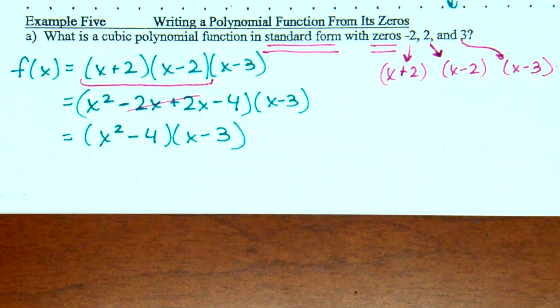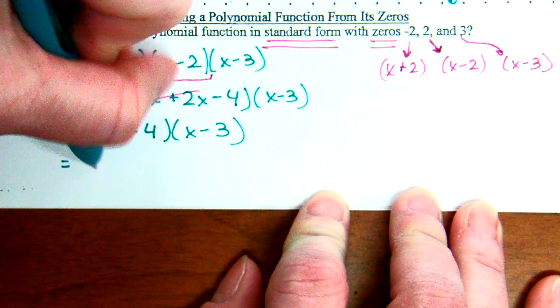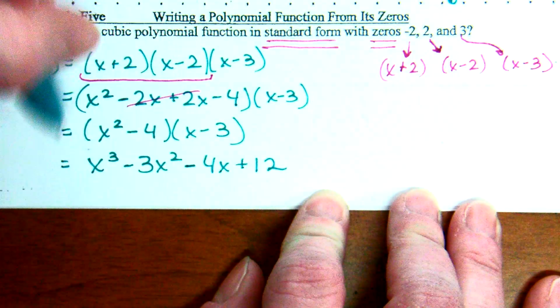And again, we multiply. So I'm going to distribute my x squared. x squared times x, x cubed. x squared times minus 3, minus 3x squared. Distribute your minus 4. Minus 4 times x, negative 4x. And negative 4 times negative 3, plus 12.